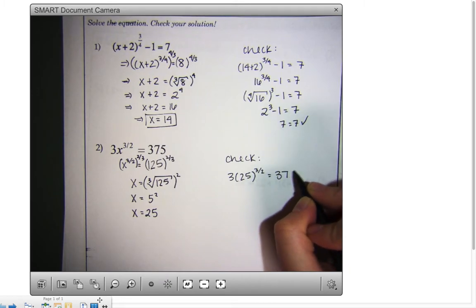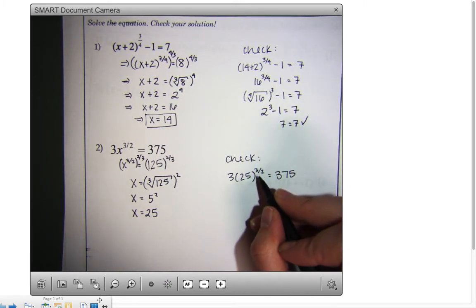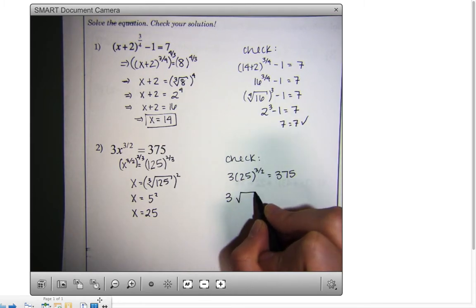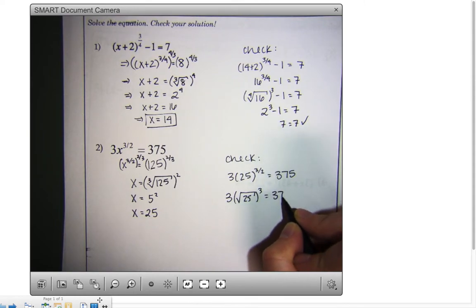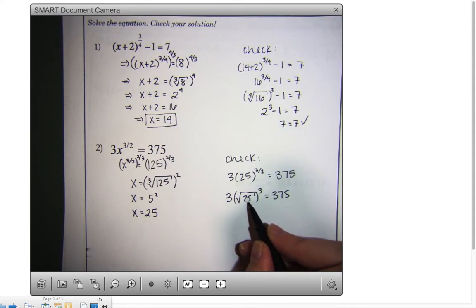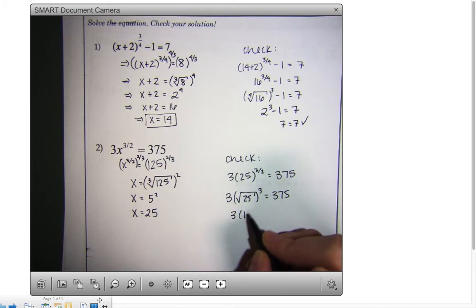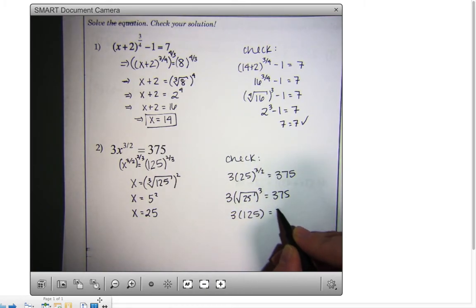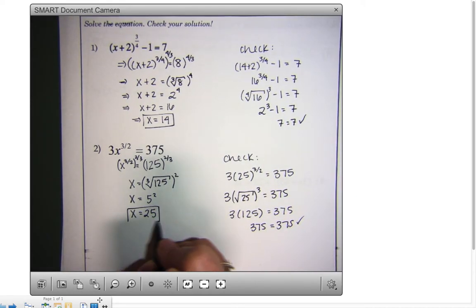Does that really equal 375? So let's rewrite this as a radical. That's the square root of 25 cubed. The square root of 25 is 5. 5 cubed is 125. So yes, this is going to work because 3 times 125 is 375. So 25 is my solution.